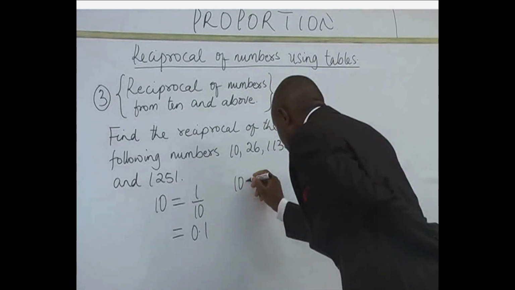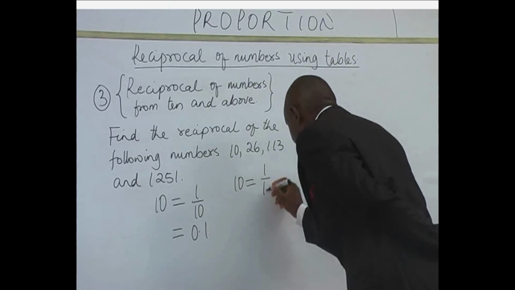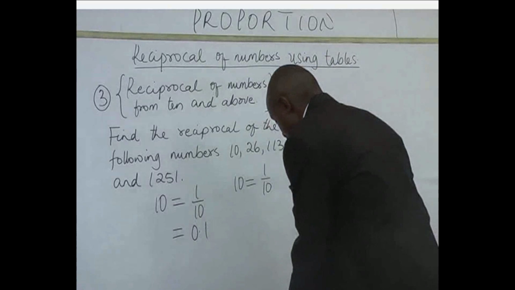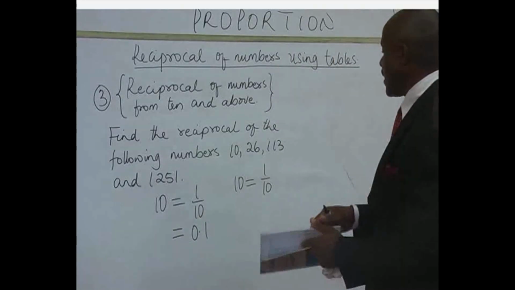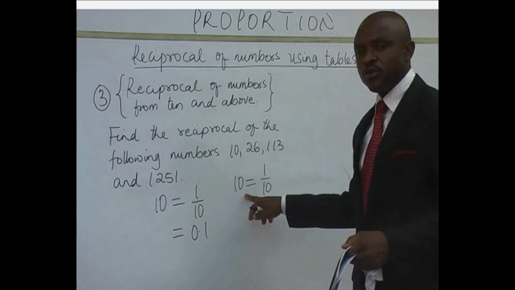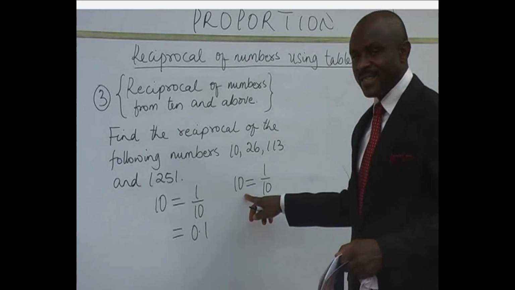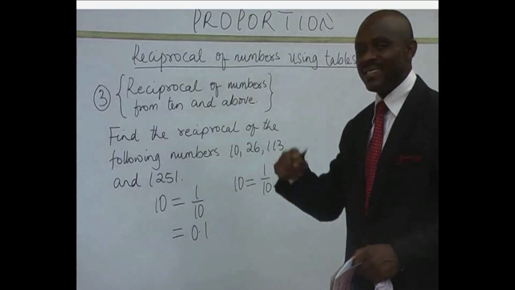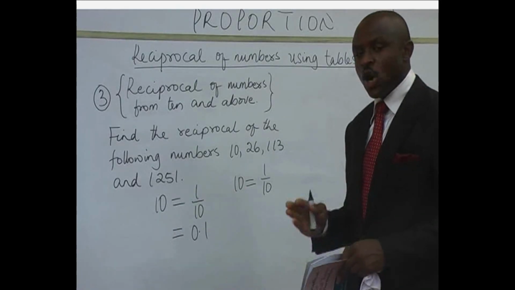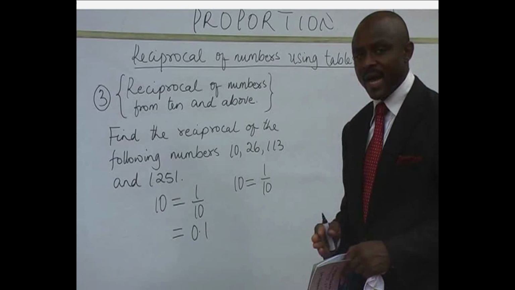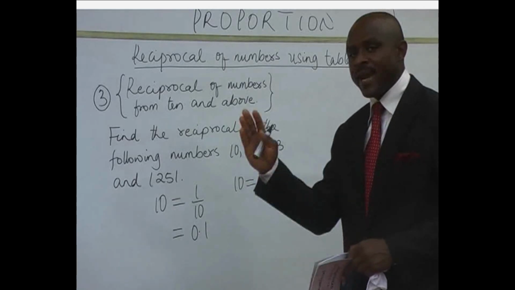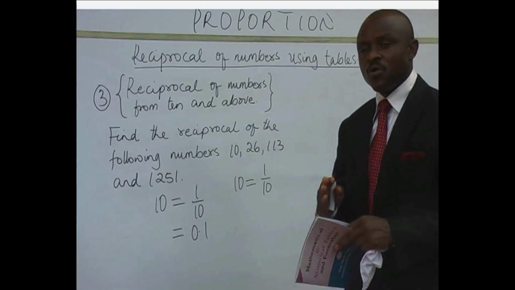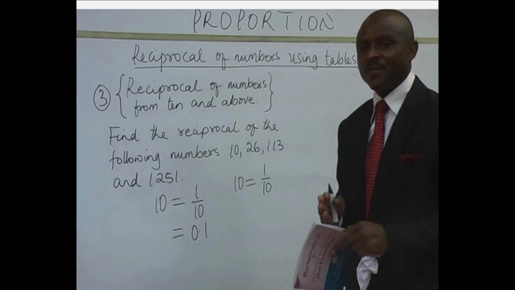10 means 1 over 10 if you are looking for its reciprocal. As you have 10, you are going to write 10 in standard form, just the way you did on numbers that were less than 1. It is only numbers that are between 1 and 10, that means 1 to 9, that you don't need to first write in standard form.